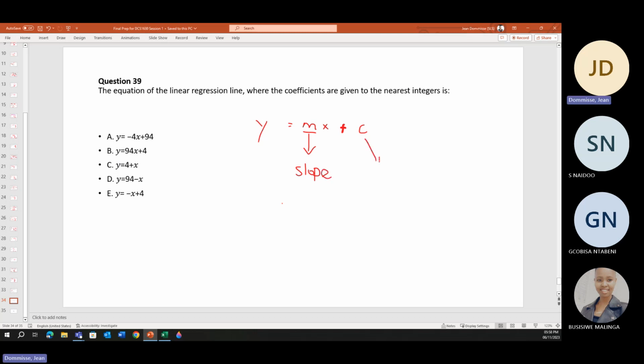And we're going to see if we can get a y cutoff. So that will normally be one of the others, but let's just first see if we can get the slope.